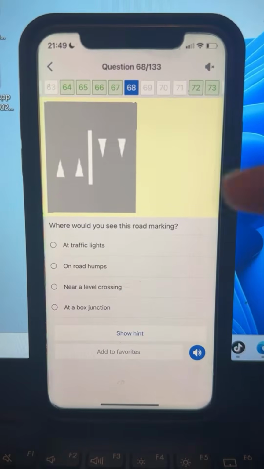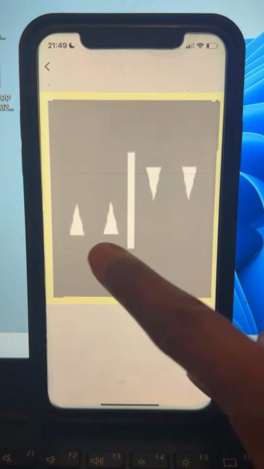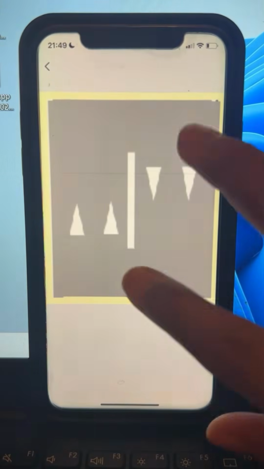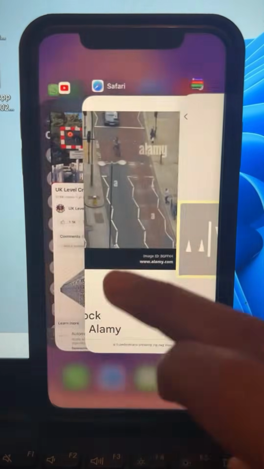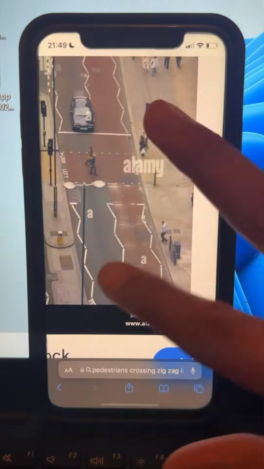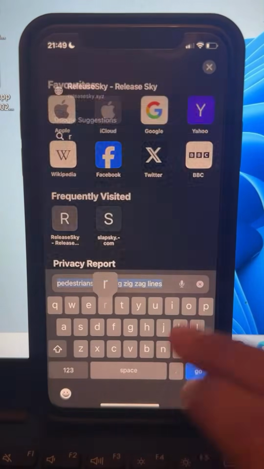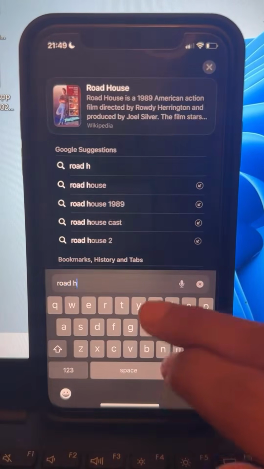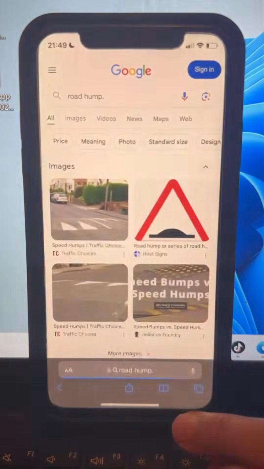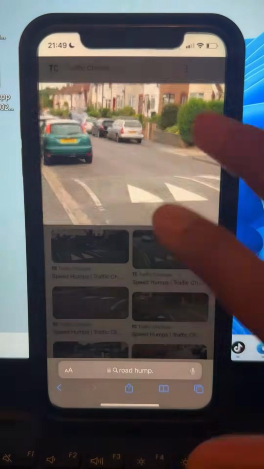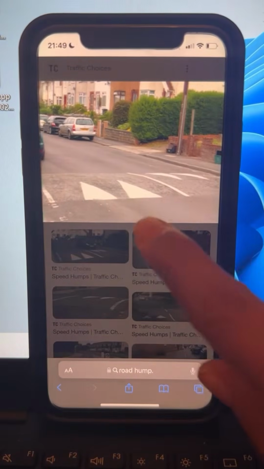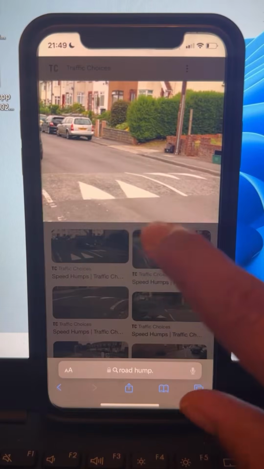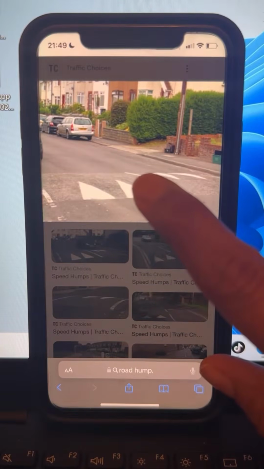So you will see these little triangles painted on the road when you see them on a road hump. Road hump, like this. Can you see that? Did you notice the triangle there? Why are these triangles there? To tell you to be careful because the road will be humpy.